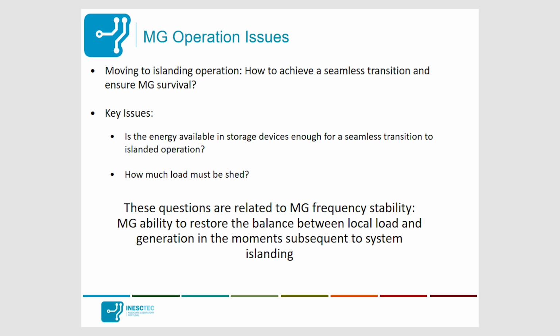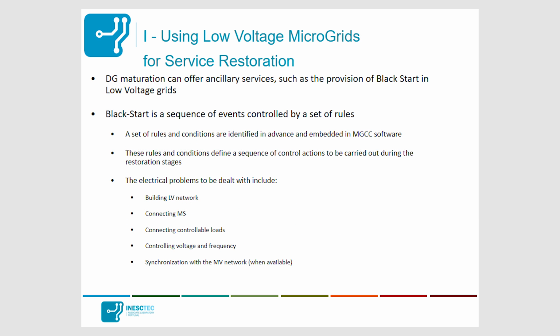How much load can be shed if necessary? These questions are very much related with frequency stability and the ability to restore the balance between local generation and local loads in the moments that follow an islanding.